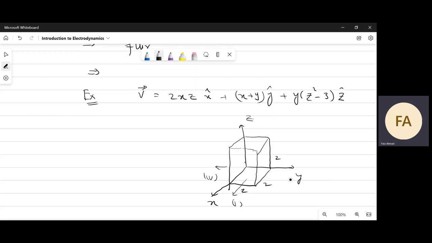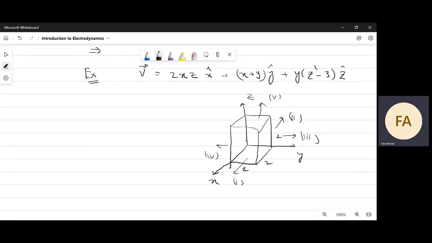The back side, which is on minus x, is labeled 2, and this positive y side is labeled 3, and the top, positive z, is 5. So we have to perform the integration on all 5 sides.